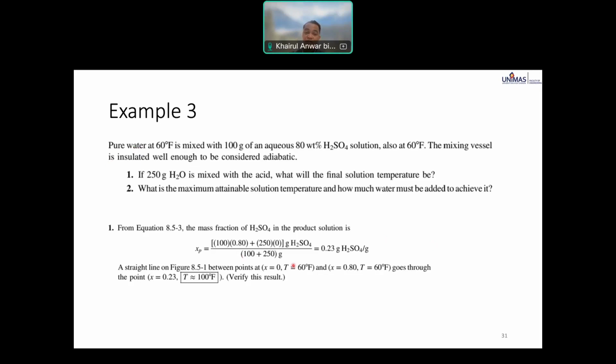So xP is equal to 0.23 grams H2SO4 per gram.